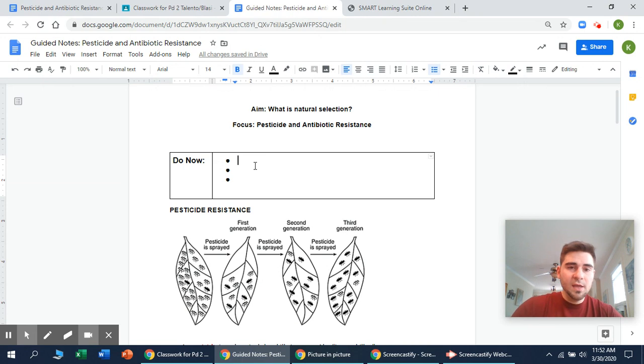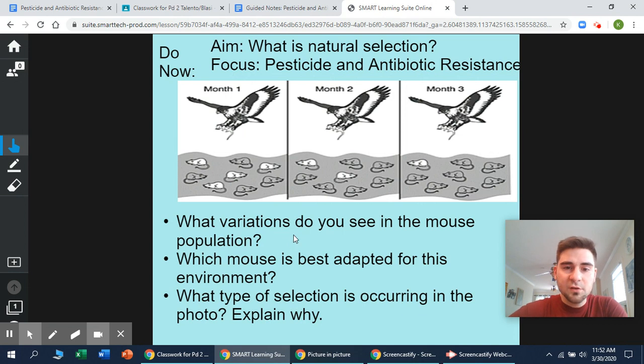So the variation in the mice is that there is variation in fur color, either dark or light. Okay, so that's the first question answered, right? The variations we see in the mouse population is in fur color. It's either dark or light.